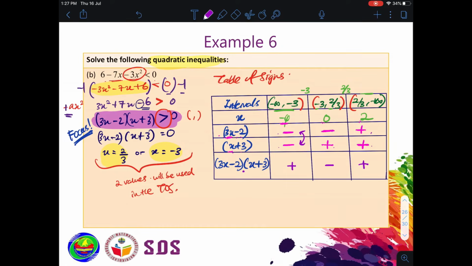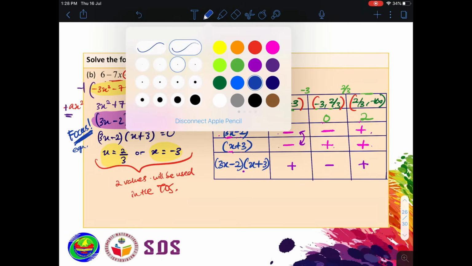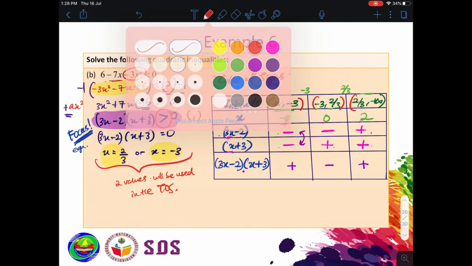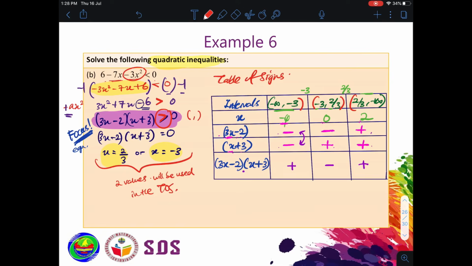And then how do we choose the answer? We will again look at our focus part. Focus on the equation where we have a more than sign, a greater sign. A greater sign is showing us that we must choose a positive sign.